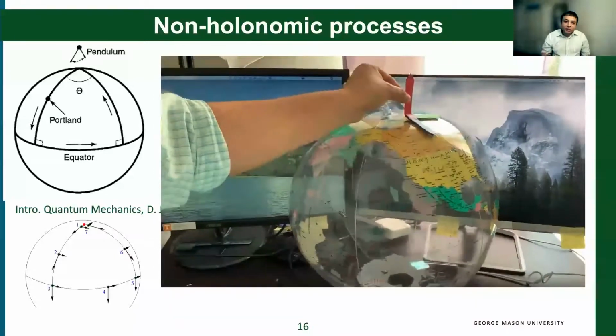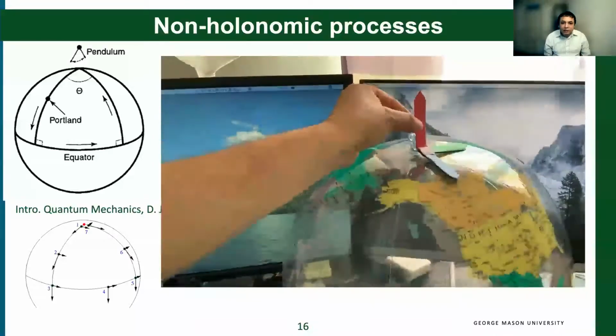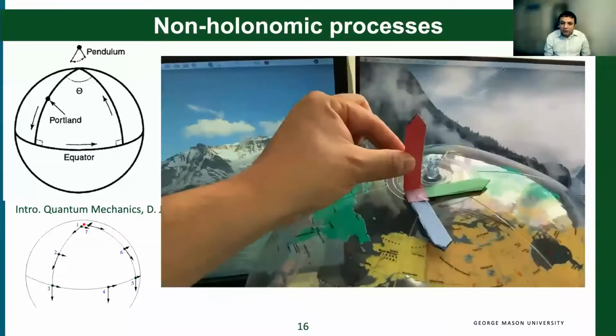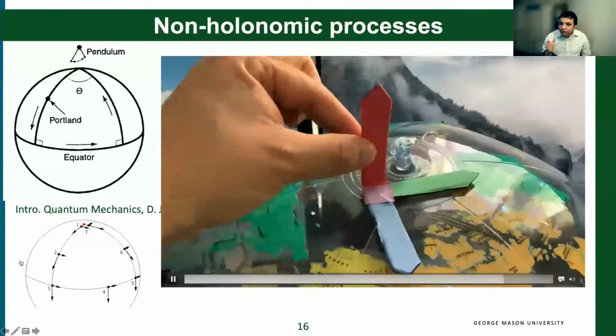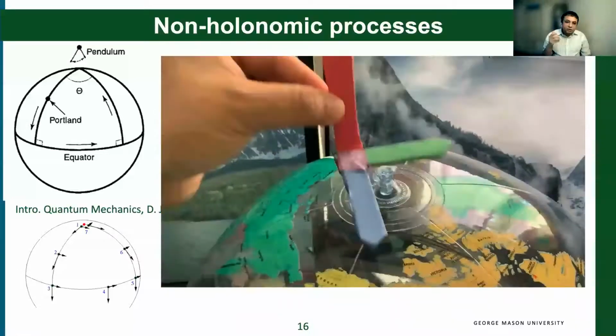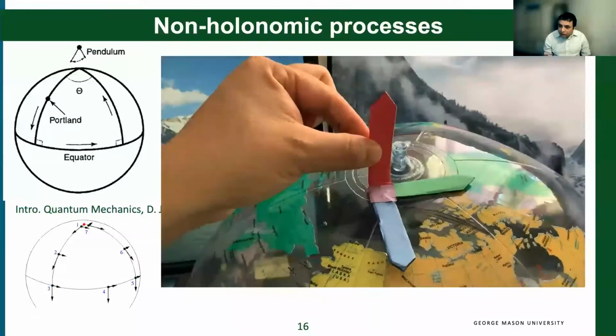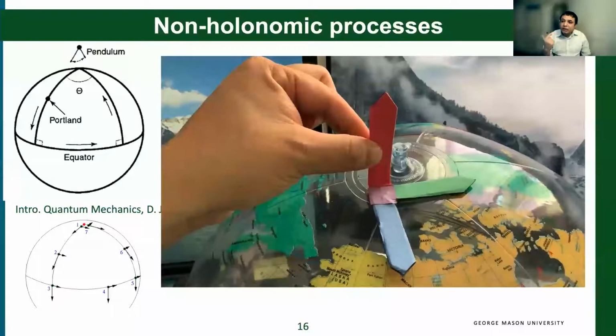But globally, what it does is that we can see now when it comes back to the original position, these vectors are not pointing in the same direction. So such a process is called a non-holonomic process, and the angle is obtained just by moving on a curved surface. This doesn't happen if I move it on a plane surface, just like on a tabletop, right?